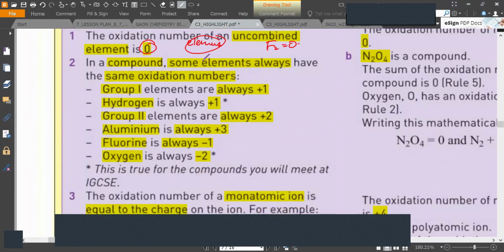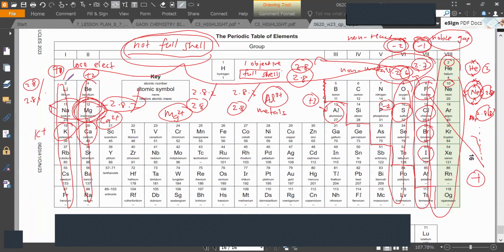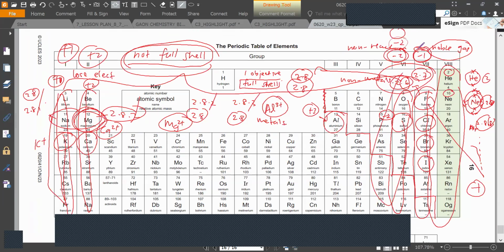For compounds, once we have a chemical reaction, we have oxidation numbers. Group 1 is always +1. Group 2 is always +2 after it forms the ion. Group 6, oxygen, is always -2.